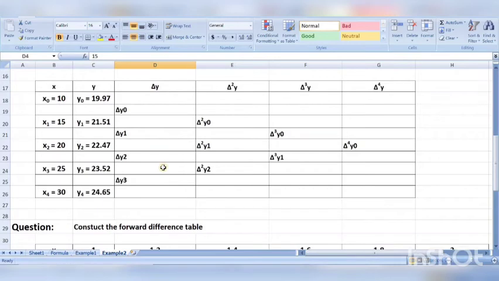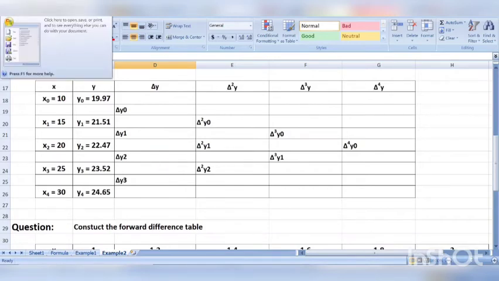When you want to construct the table, first construct it. Here n equals 4, which means 4 differences will exist. According to that, you construct the columns and also give names to the values according to their positions.